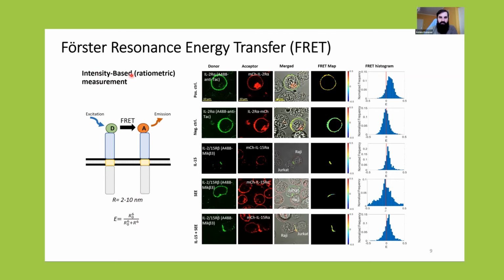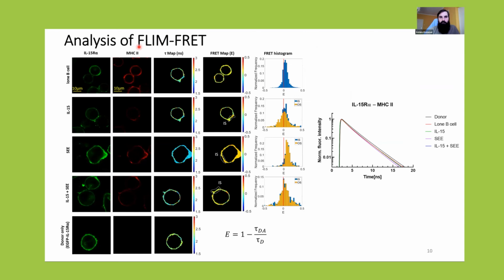We use the intensity-based FRET measurements, but we also used FLIM-FRET, which stands for fluorescence lifetime imaging microscopy. Unlike in the intensity-based FRET measurement, here we only have to measure one variable, which is the donor fluorescent lifetime.